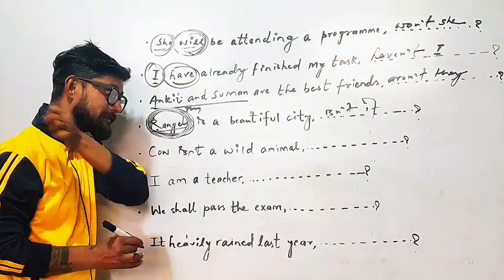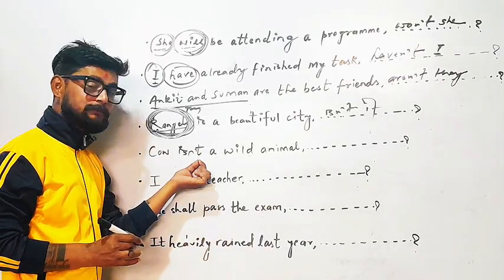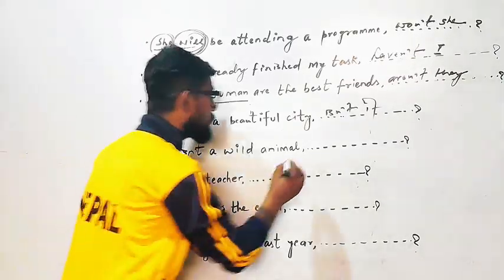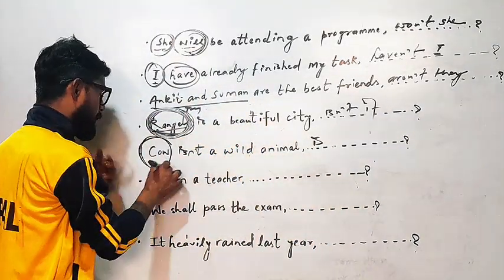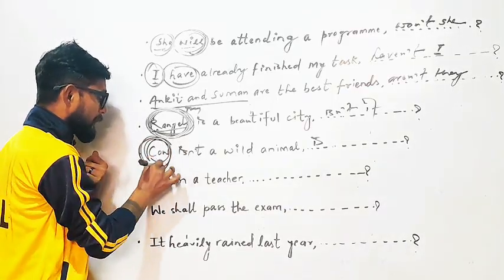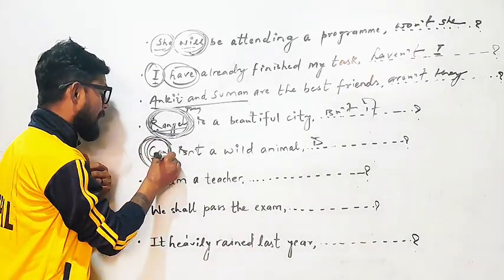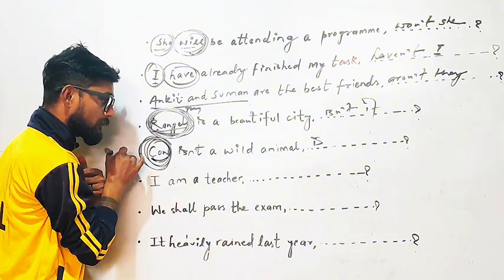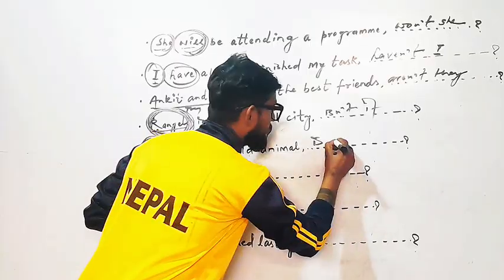So here we must remove not. So is. And then, what is the subject here? Cow. It is a noun, an example of a noun. Cow is singular or plural? Yes, singular. So use it.